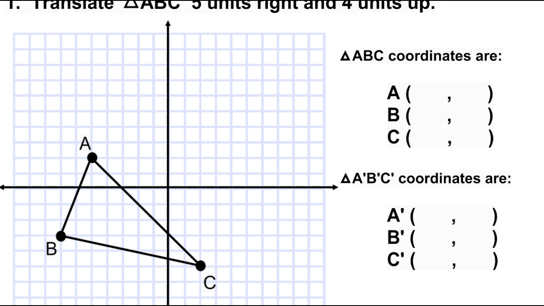So you've got a triangle ABC. First, you need to find the coordinates. Find the coordinates of A and write it down. Find the coordinates of B and write it down. Because in this unit, if you can't plot points, you're going to have trouble. So let's practice plotting points.